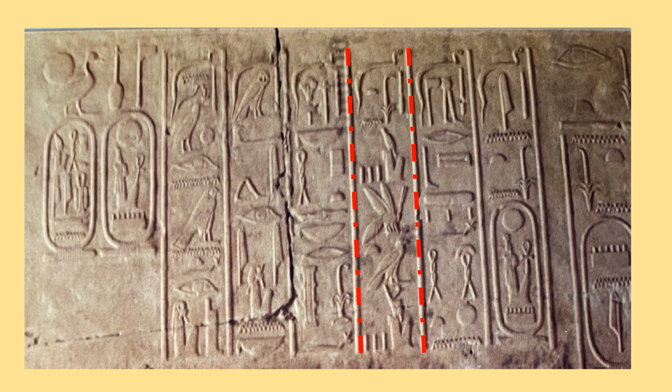And so somehow, I guess a good translation might be it is spoken by or is told by the representatives of Upper and Lower Ta Mari or Upper and Lower Kemet.